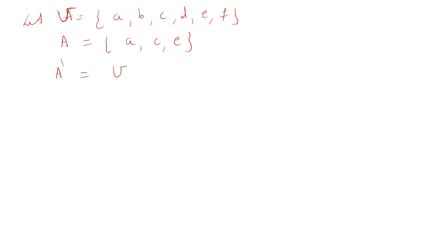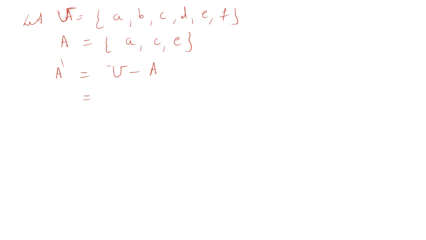We'll take the next example. Let U is equal to a, b, c, d, e, f. And A is equal to a, c, e. So what is A complement? A complement is U minus A. That is, in U, you just cancel a, c, e.